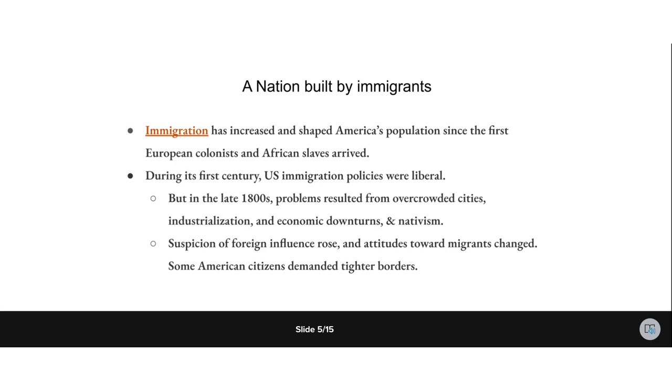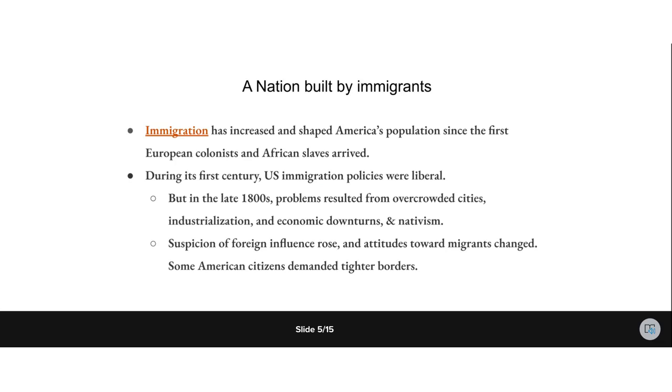So, because of all this, the city's population explodes. But problems result, as we said, from overcrowding, industrialization, economic downturns, and something we're going to call nativism.